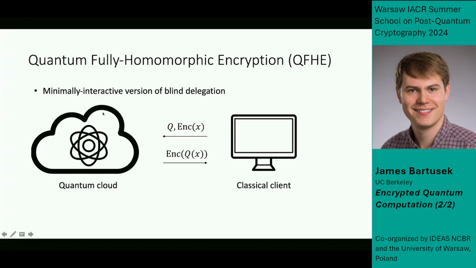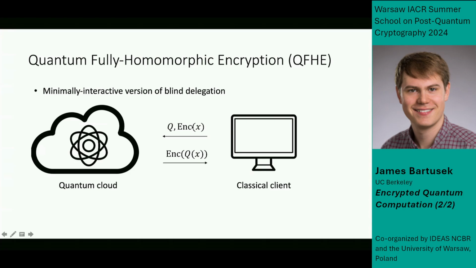which really satisfies two additional properties. I actually have only one written here, but it's a minimally interactive version of blind delegation, right? So between the quantum cloud and a classical client, we only require two messages. The client sends the description of the computation Q along with an encryption of their input, and they expect in return an encryption of the output Q of X. The other property that we care about is that the client is somehow efficient.